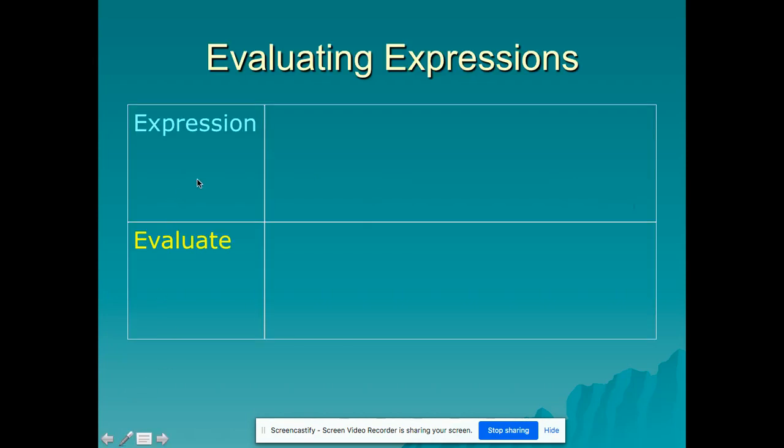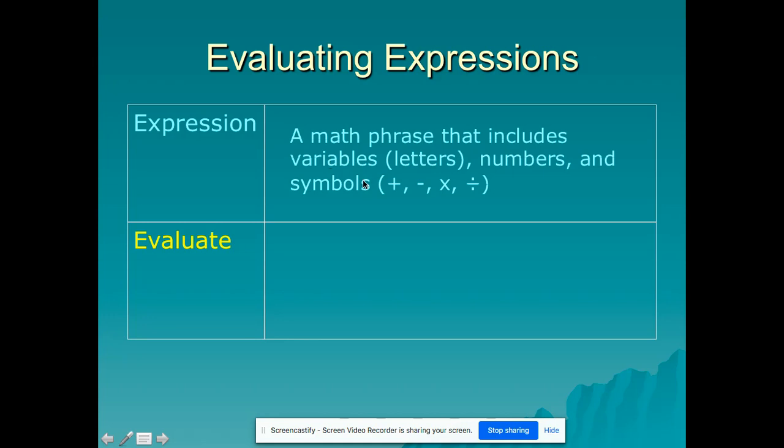So evaluating expressions. The most important thing is that math is a language. So when you hear evaluating expressions, if you don't know what it means to evaluate, or you don't know what an expression is, you're going to struggle. So let's define those words. An expression is a math phrase that includes variables, which are known as letters, numbers, and symbols, adding, subtracting, multiplying, and dividing.